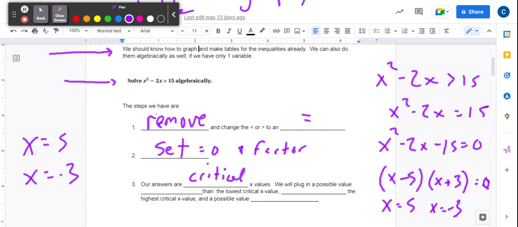Now, from those critical x values, 5 and negative 3, we're going to plug in a possible value that's less than our lowest critical x value, a value that's greater than the highest critical x value, and a possible value between them.